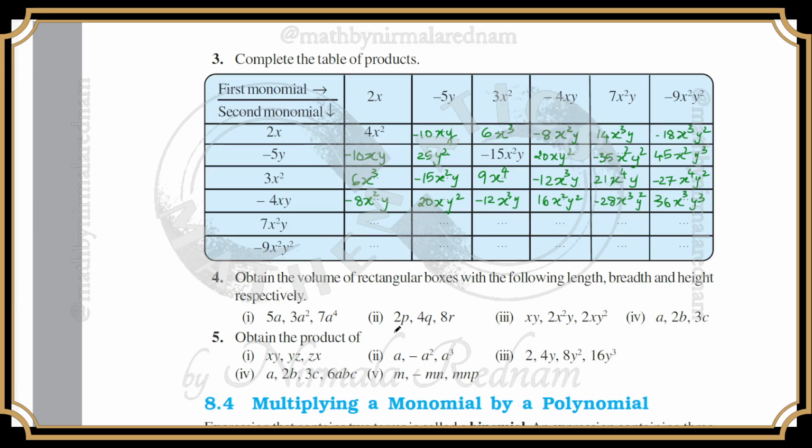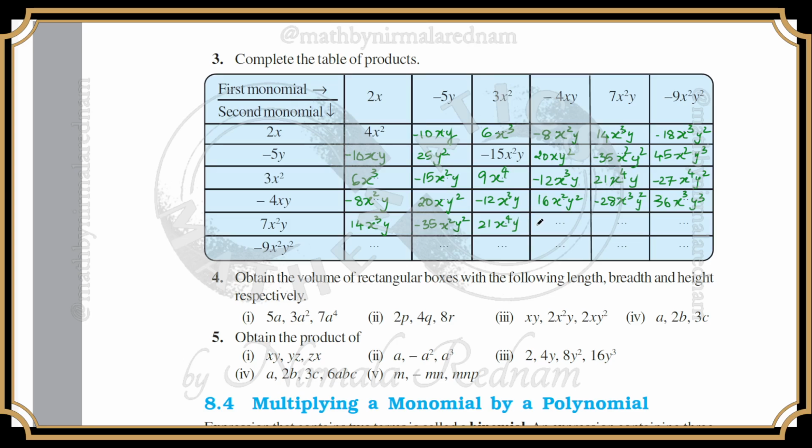Next, coming to the sixth row, 7 into 2 is 14, x square into x is x cube, and then 1 y. 7 into minus 5 is minus 35, and then I have x square and then 2y, so y square. Next I have 7 into 3, 21, and then I have x to the power 4, x square into x square, and then 1y.